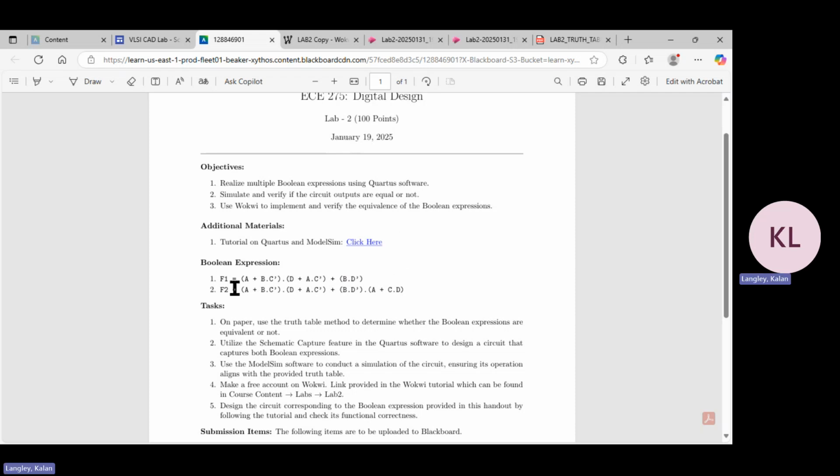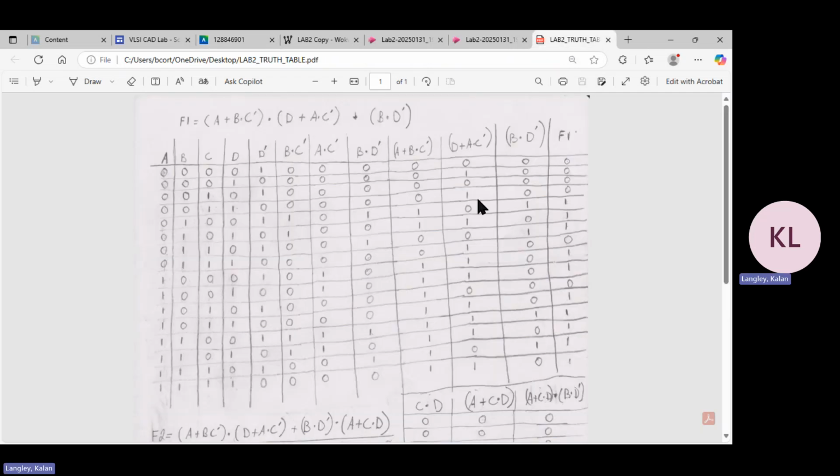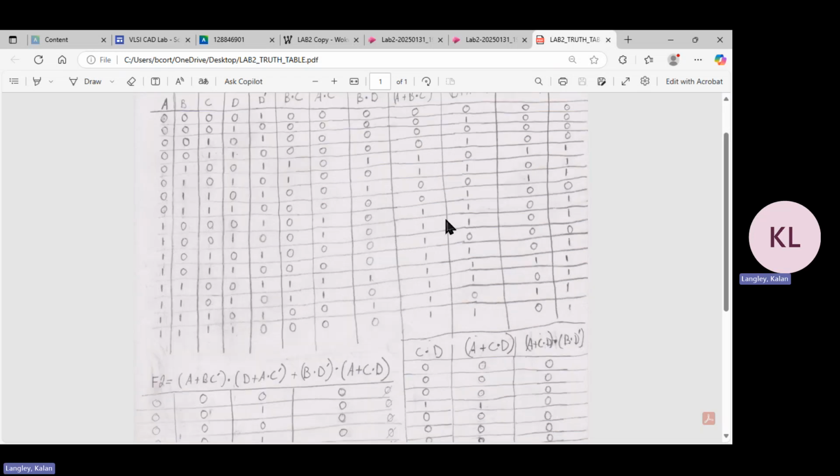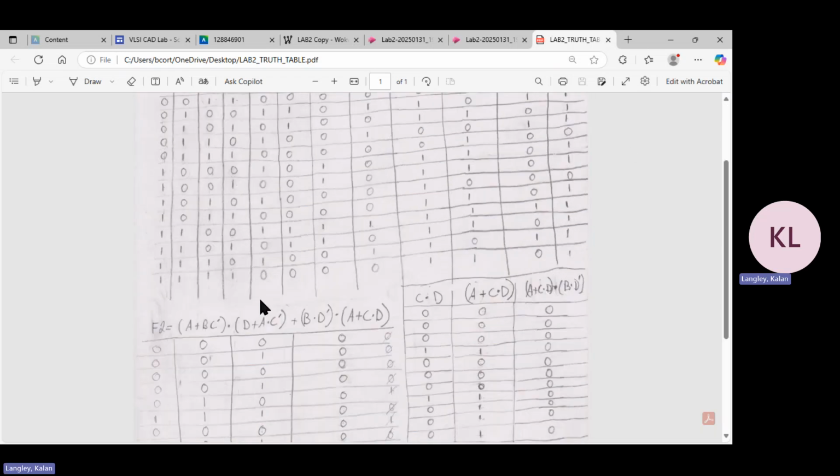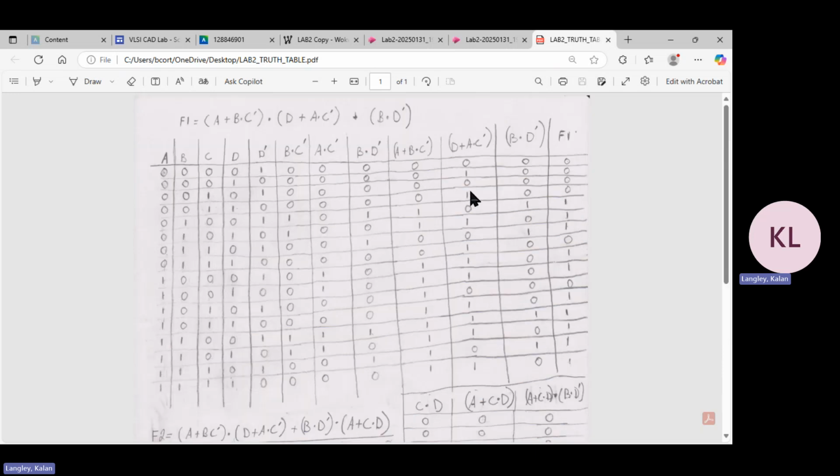So I went ahead and took these two expressions and drew them out in a truth table here. I ran out of room on this first column, or I would have had them all on the same line, but we can look at them together here. For F1, A or B and C naught, and D or A and C naught, or B and D naught, we're solving for the values of F1.